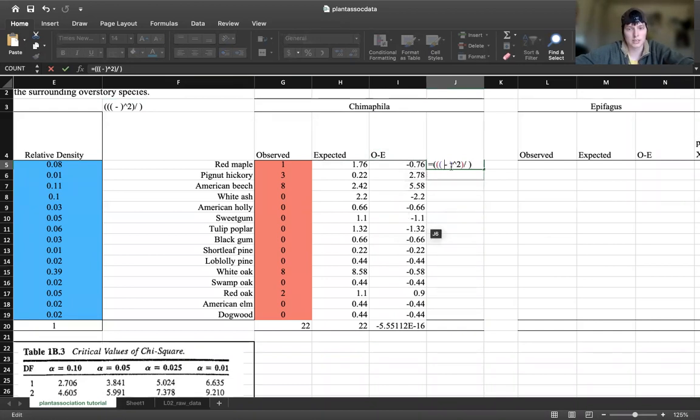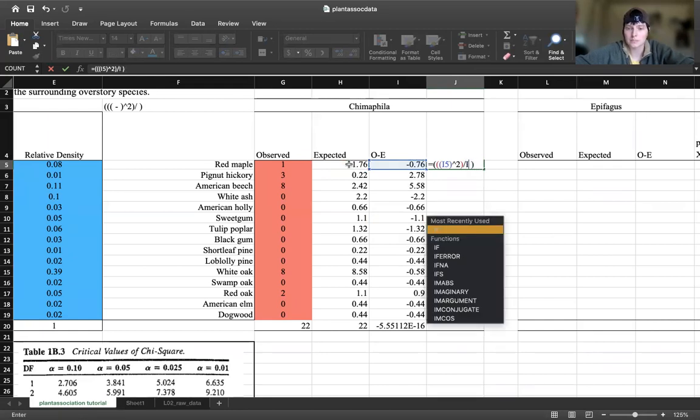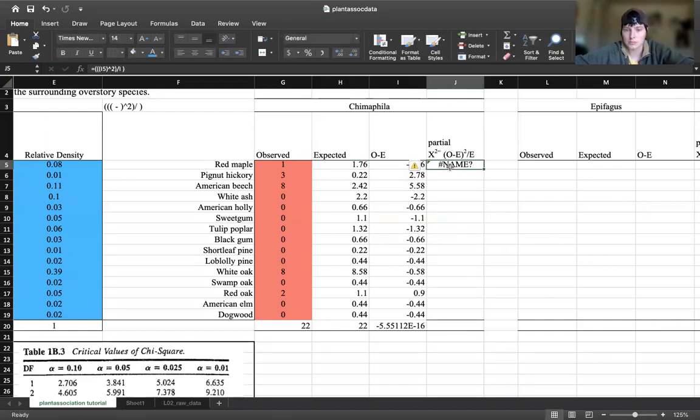So you get your observed minus expected squared divided by expected. Oops. I did that wrong. It's H5.